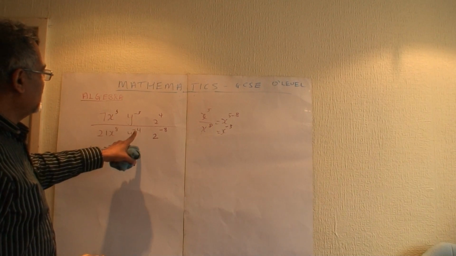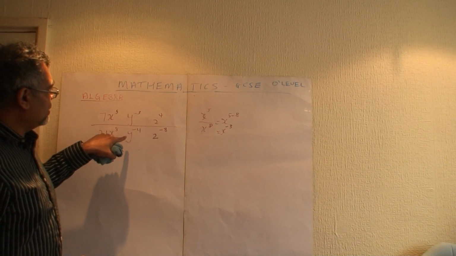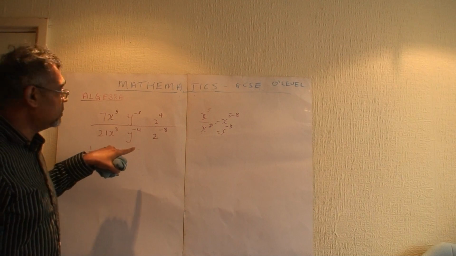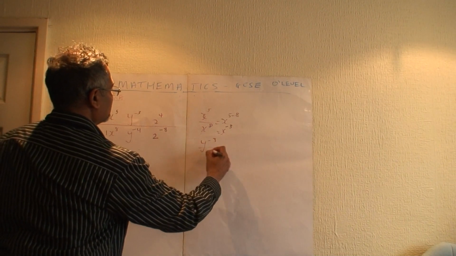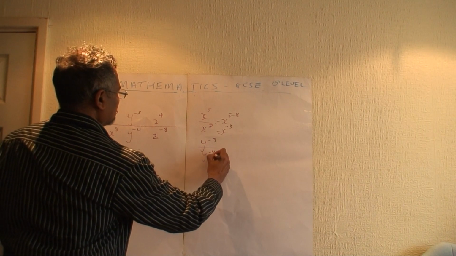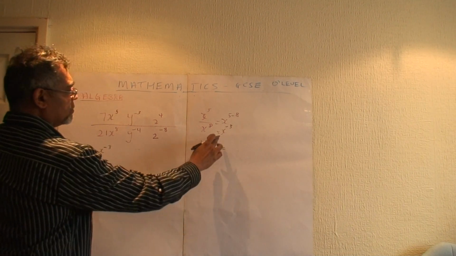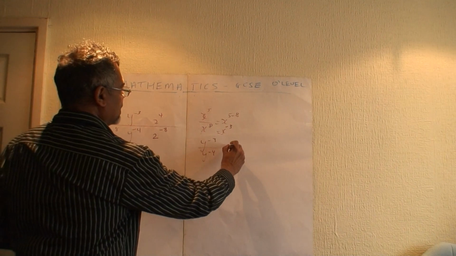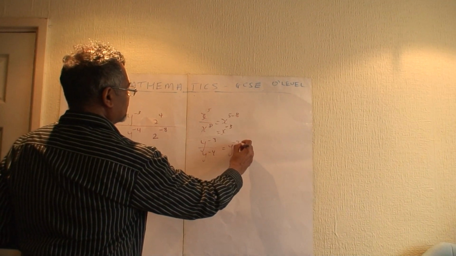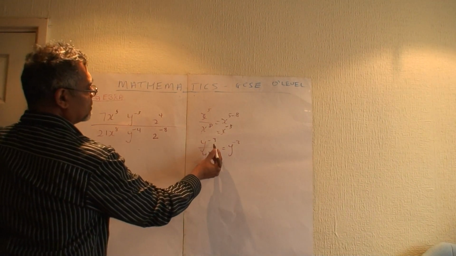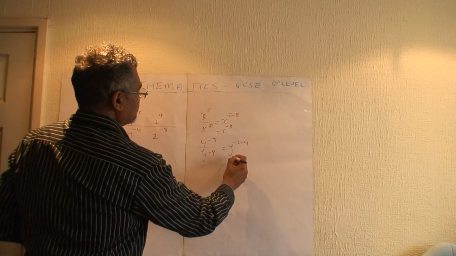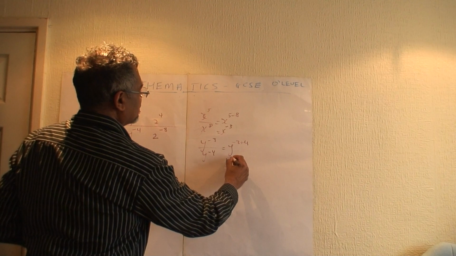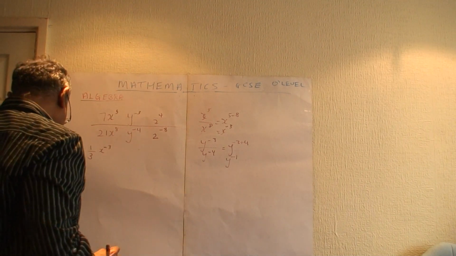We have y to the minus 3 divided by y to the minus 4. You subtract, so that's y to the minus 3, and this minus becomes positive on the top, plus 4. So that's y to the minus 1.